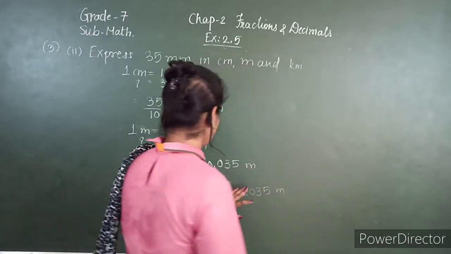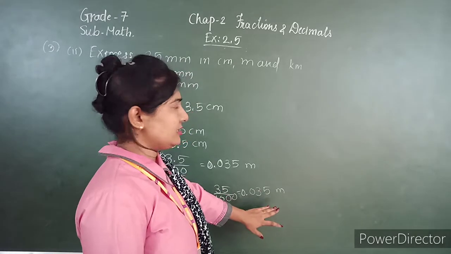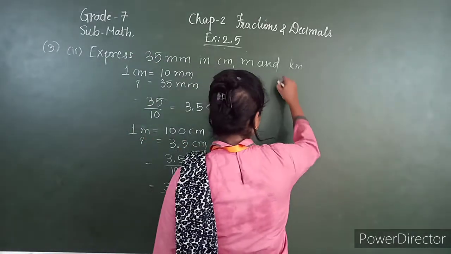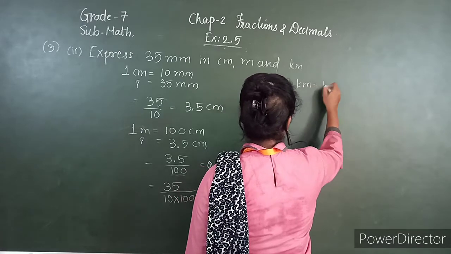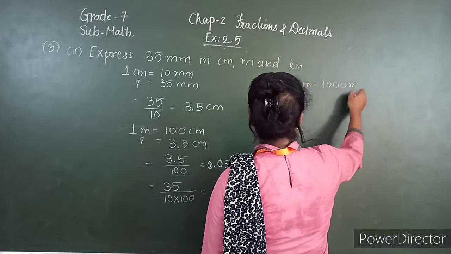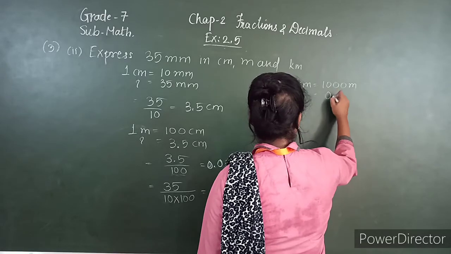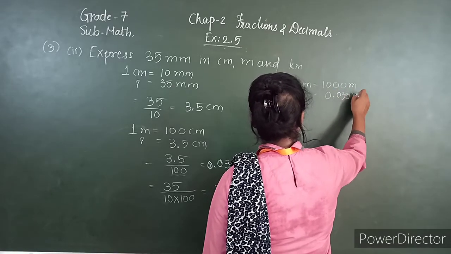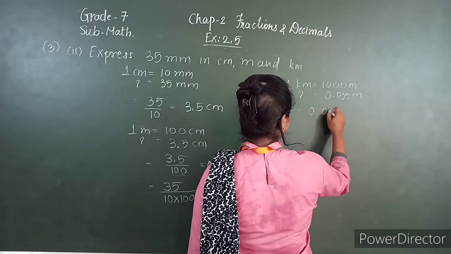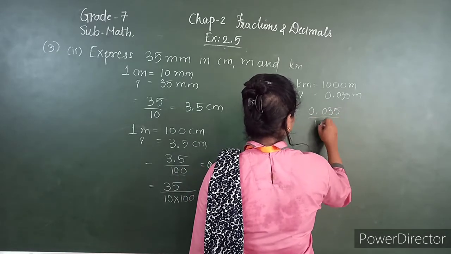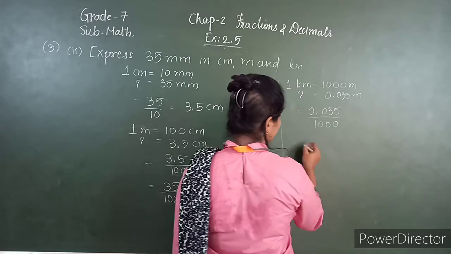Now 0.035 meter. Now we have to write the identity. 1 kilometer is equal to 1000 meter. So 0.035 meter is equal to how much? So here 0.035 upon 1000.